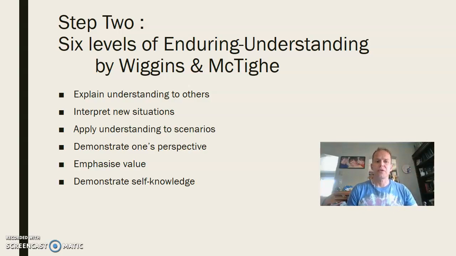So transferring, how a student can explain their perspective. So recognizing their choices and values in a certain situation and emphasizing their value, and then perhaps demonstrating self-knowledge by way of reflection, metacognition, thinking about how they're thinking about the big picture.